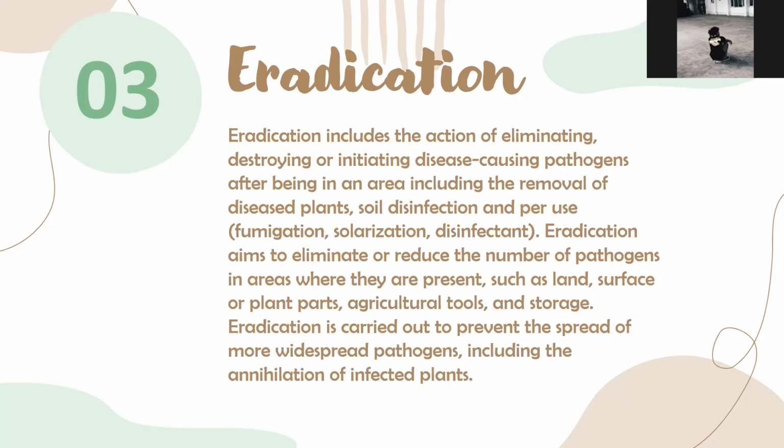Eradication aims to eliminate or reduce the number of pathogens in areas where they are present, such as land, surface, or plant parts, agricultural tools, and storage. Eradication is carried out to prevent the spread of more widespread pathogens, including the annihilation of infected plants.